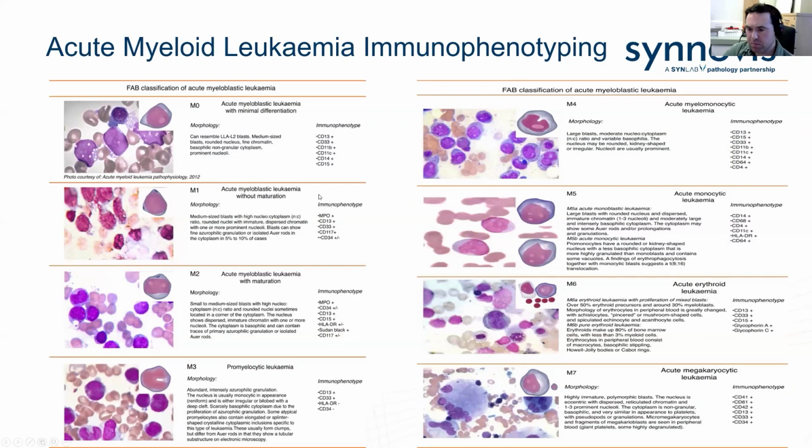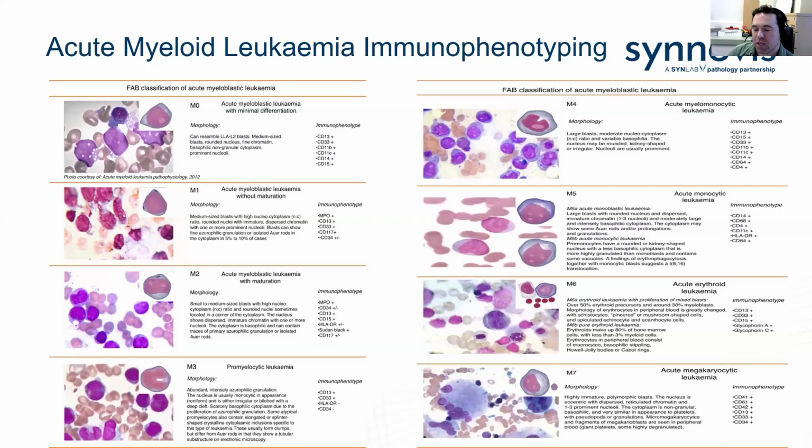You then have M1, which is AML without maturation. So there's a slight difference between the two. M2 is with maturation. So generally we see an M2 coming through the lab, M2 and M4.